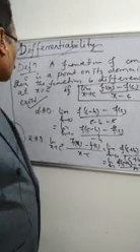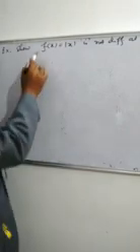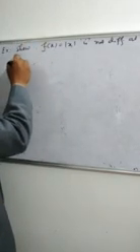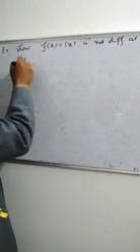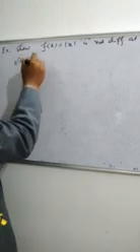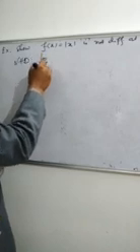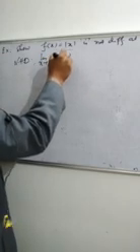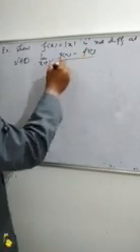Now to explain it, I'll take an example. f of x equal to mod x is not differentiable at x equal to 0. How can we prove it? I consider the LHD value, that is the limit as x tends to c minus of (f(x) minus f(c)) by (x minus c).